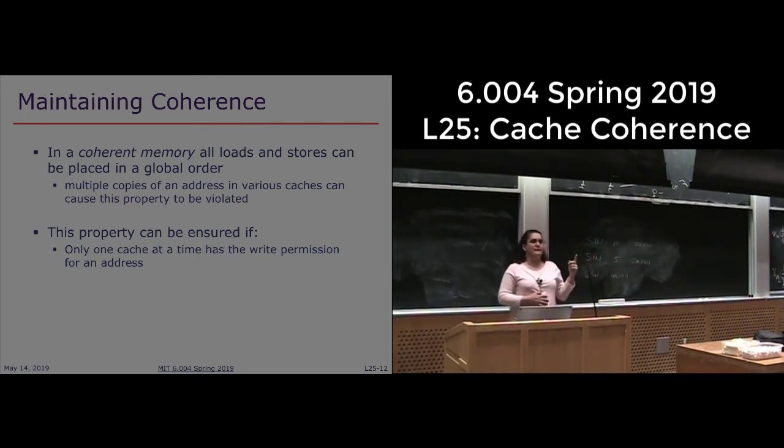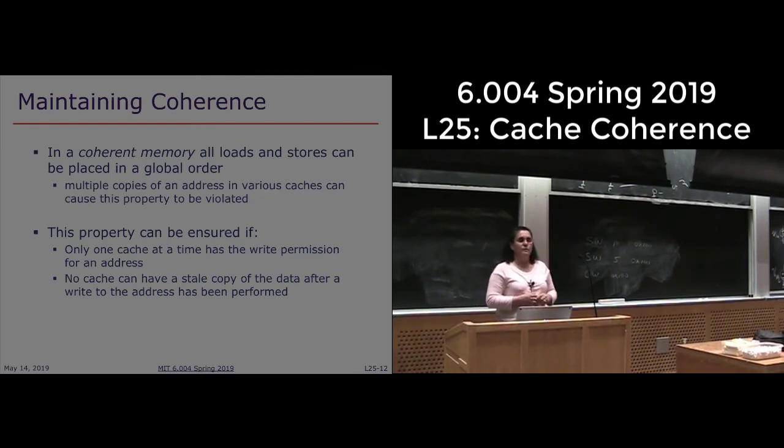And so this is something that we're going to follow even in the more complicated protocols, okay? So it's always going to be the case that only one cache is ever in the position where it's allowed to actually make a modification to a particular address. And so this is going to ensure that no other cache is ever going to have stale data, because we'll always be invalidating the other copies if we're requesting to do a write.